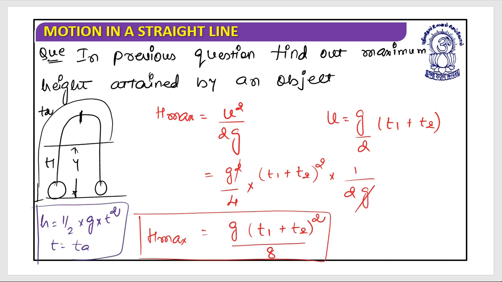This is another approach to do this, or the time of descent, and you can easily have this because you are having a time of flight. So if I am having a time of flight, I can easily get the time of ascent or time of descent, and the rest I can do. So please remember this. This is very, very helpful to you.